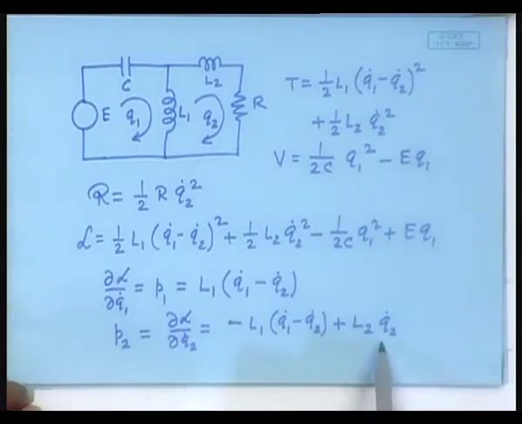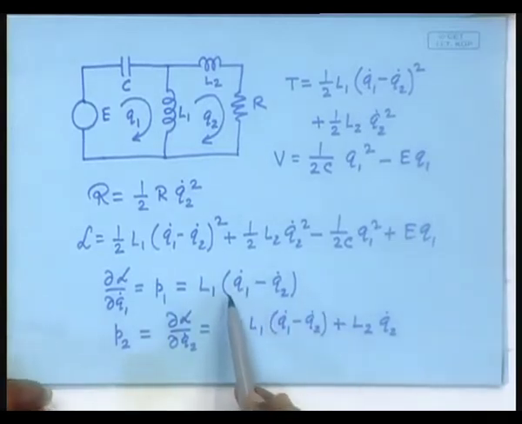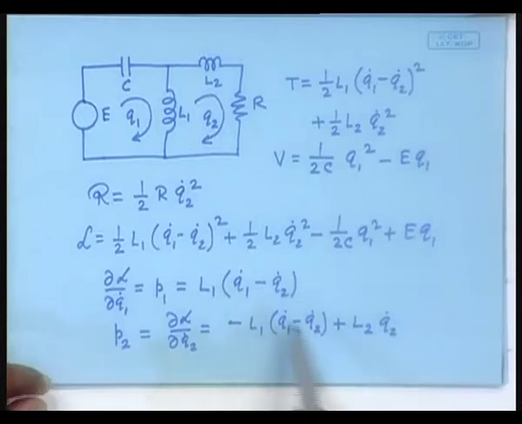Now, in this case the q 1 dot and q 2 dot are not directly given. So, they are mixed up, but you can see these are two equations, and you can very easily extract q 1 dot and q 2 dot from these two in terms of p 1 and p 2. Can't you do that?